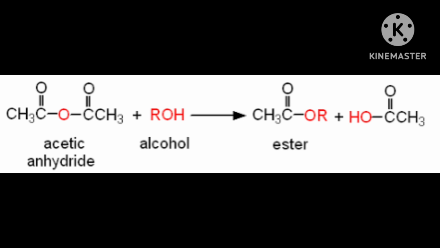Oxygen is joined with both sides. If any one C-O bond breaks, carbon will be positive and oxygen negative. Then you get CH3C double bond O, and again one oxygen with a negative charge, so one side has two oxygens.